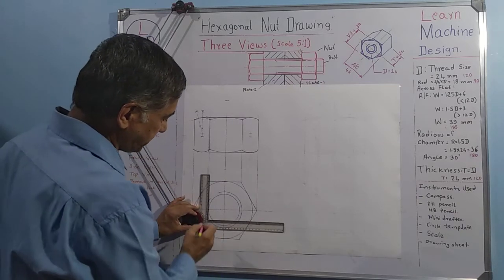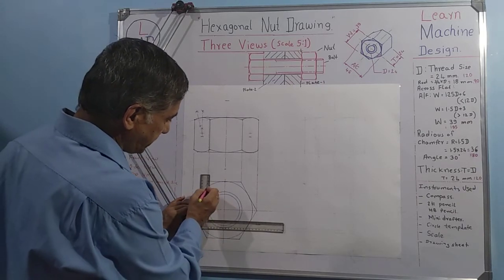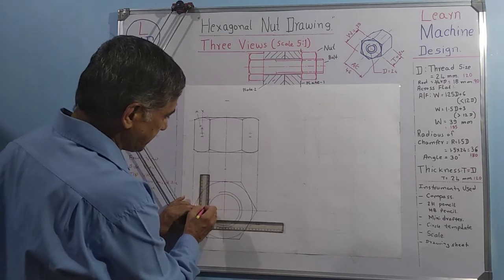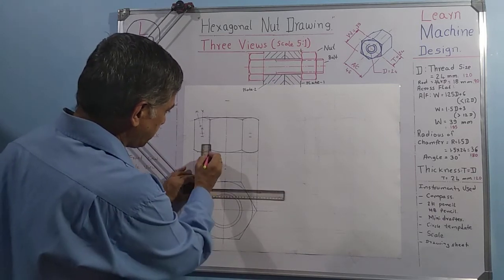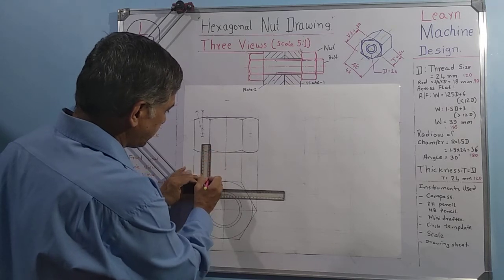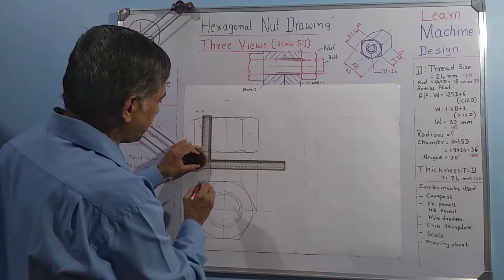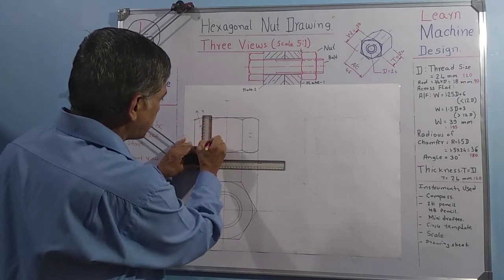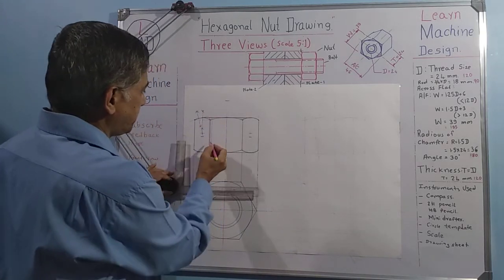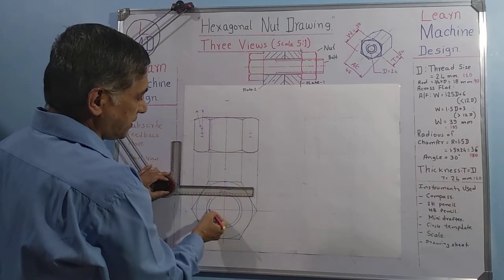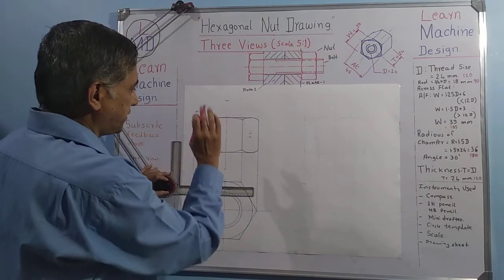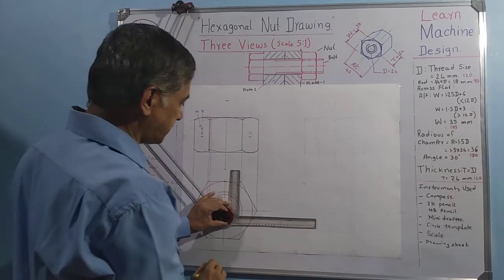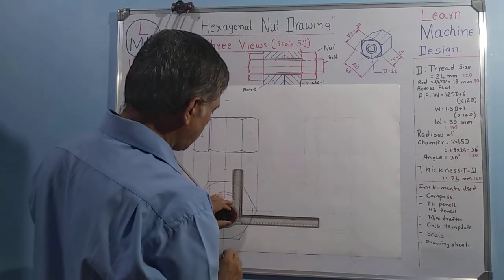Again we have to take this inner circle, take this and take this up to the top and draw it again, here again a dotted line. These two represent the thread of this bore, and this is ready. In a similar way we have to draw this side also, using the similar technique.